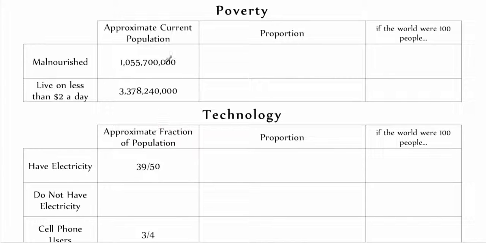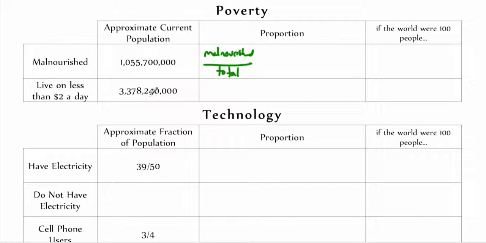Same idea down here for poverty. Again, not everybody in the world is in poverty, so these two numbers are going to add up to be the total population, but you're going to do the same thing. We want to know how much it is out of 100, so you'll take the malnourished over your total, set up your proportion, and figure out how many people out of 100 would be classified as malnourished.